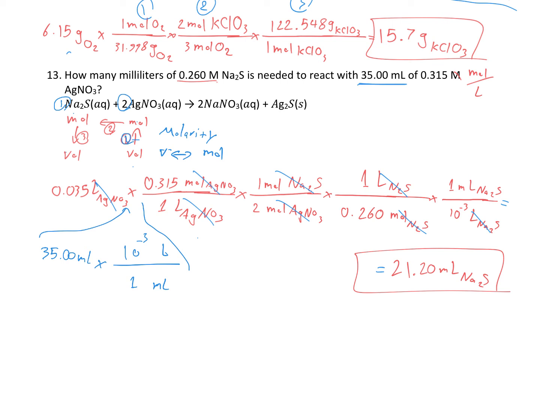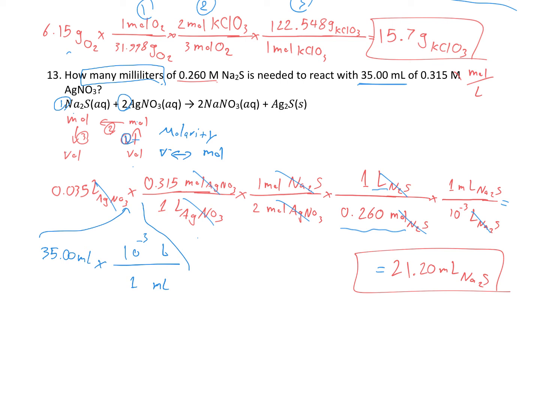And then from there, using the molar mass of Na2S to go from mole to the volume. Molarity is mole over liter. So in this step, when you use mole, you got the liter, and the question is asking how many milliliter. So you have to do one conversion in the end to convert liter to milliliter.